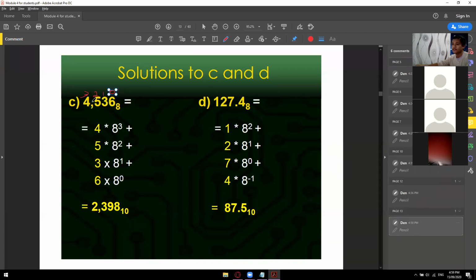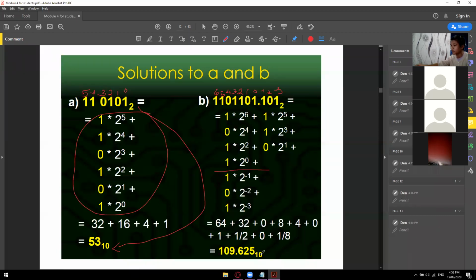Okay, so 4 times 8 raised to 3, 5 times 8 raised to 2, and then 3 times 8 raised to 1, 6 times 8 raised to 0. And then just add all of those, and then you will get this one, 2,398 base 10.